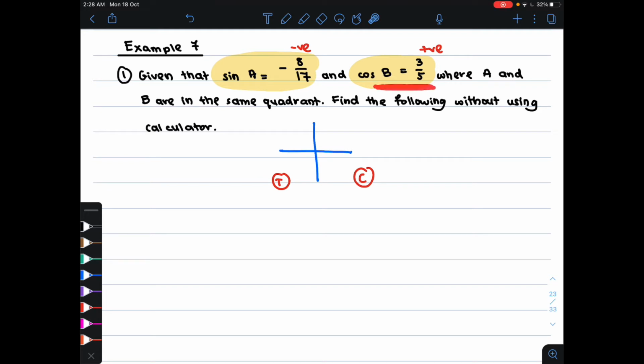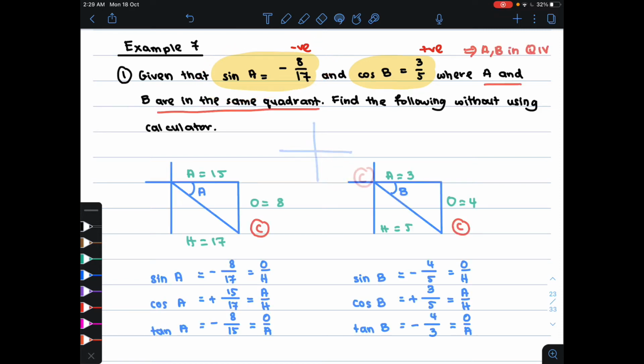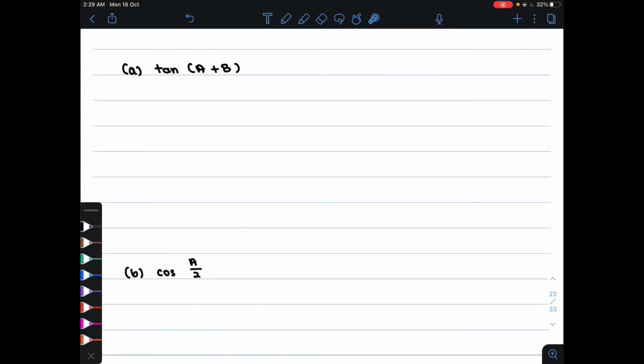So cos positive means that B should be in quadrant 4. And hence, A should be in quadrant 4 as well. So just find sine A, cos A, tan A and sine B, cos B, tan B using the information given to us. So let's find tan A plus B.